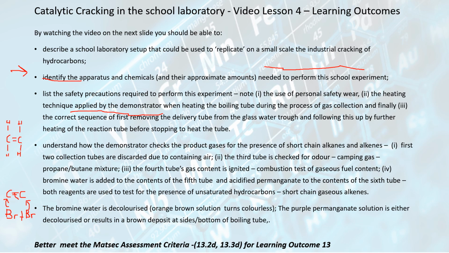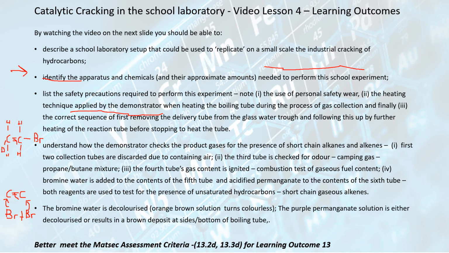So the bromine atoms will actually add on to the carbon atoms once that bond is broken. The double bond is broken, one of the bonds is broken, and the bromine atoms will attach to terminal carbon atoms.